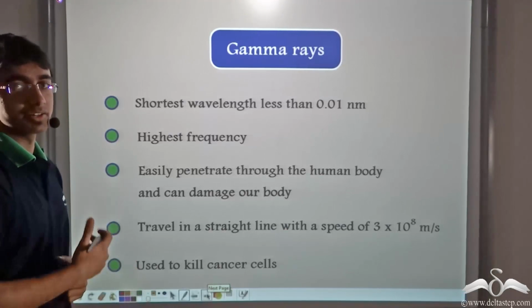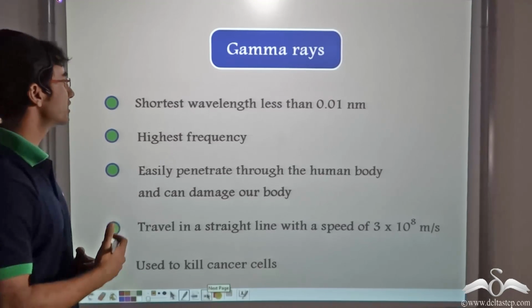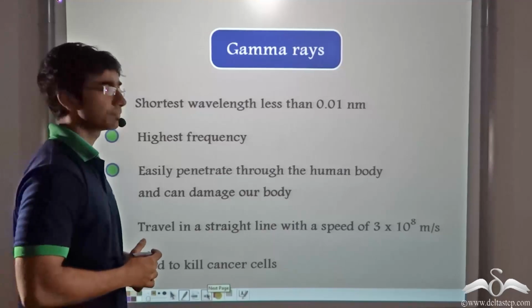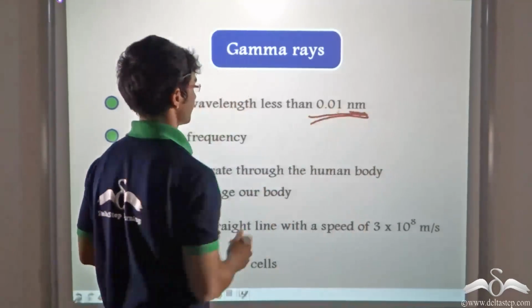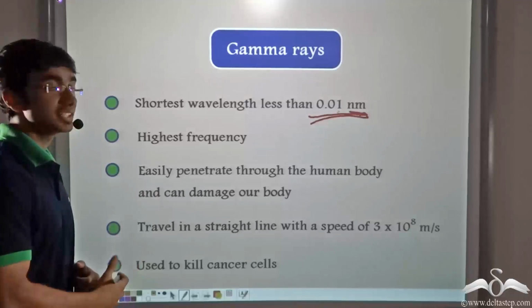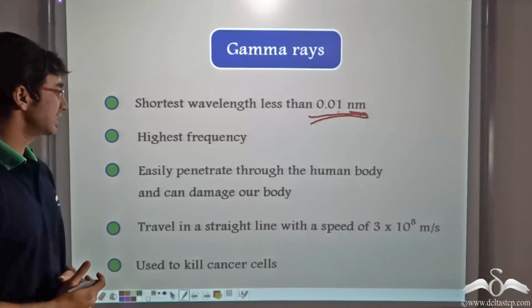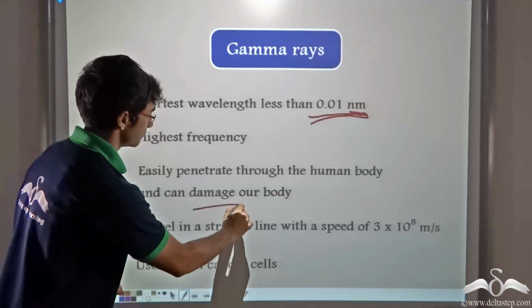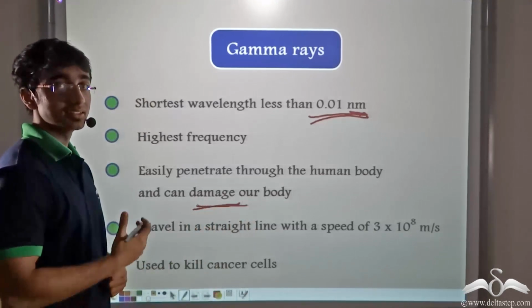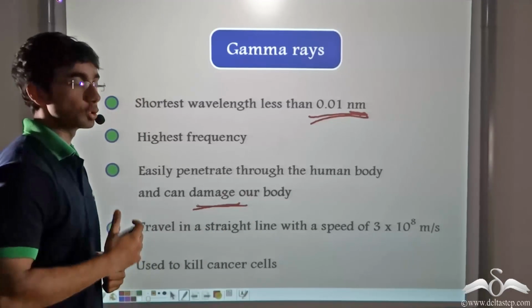Now we talk about gamma rays. Now gamma rays have the shortest wavelength. That is, they are less than 0.01 nanometers. They have the highest frequency. They can easily penetrate through the human body and damage our body. And as a result, gamma rays are very harmful.